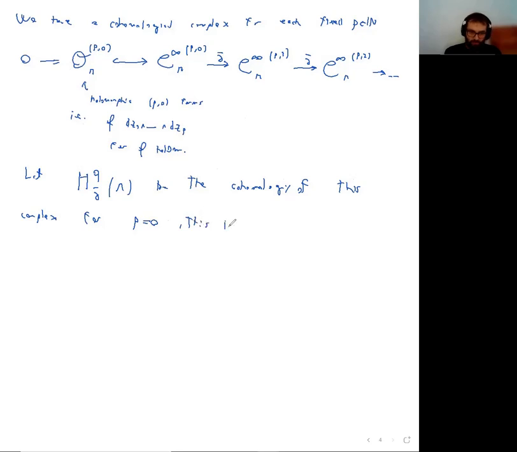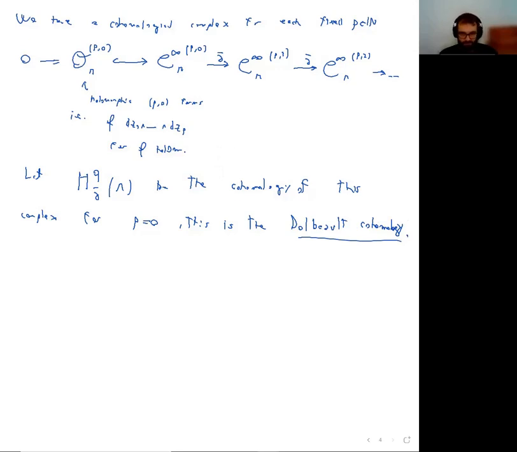And this is the Dolbeault cohomology. How do you spell this? Dolbeault. Cohomology of M.